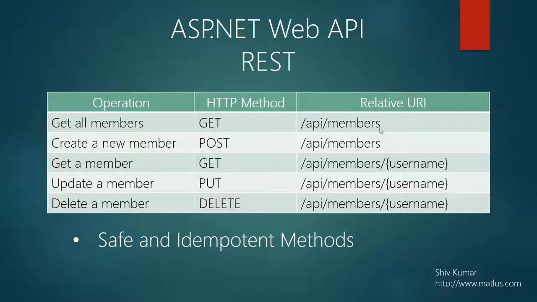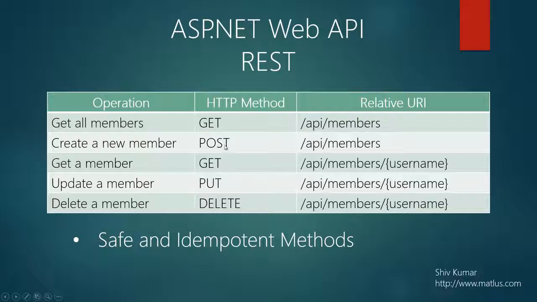In this case, I'm showing you it's using the username as an identifier for a member. So if we did another HTTP GET for the same URI, but added a username at the end of this URI, then that would imply that you're getting a specific member. This is the REST protocol.